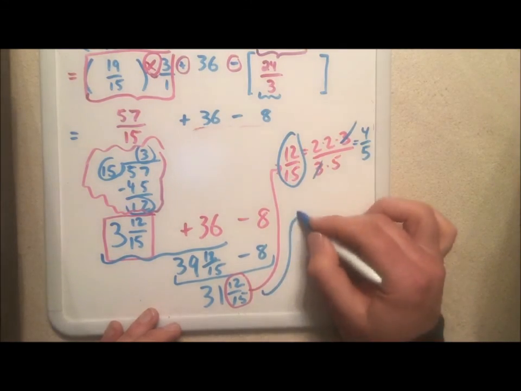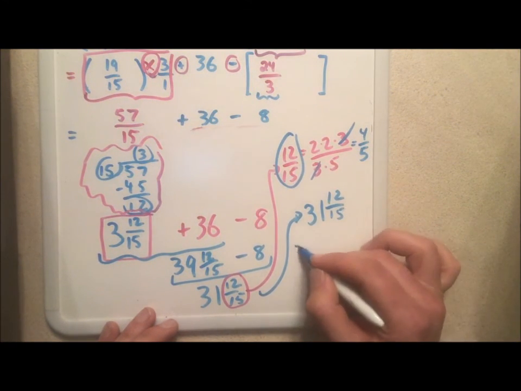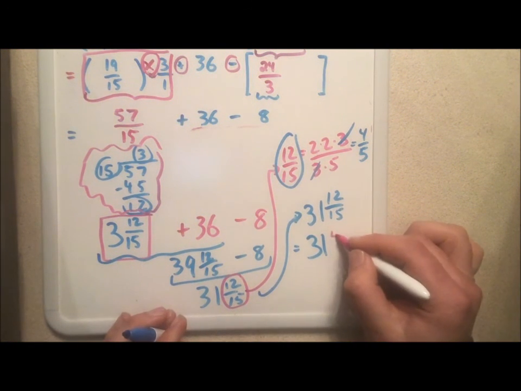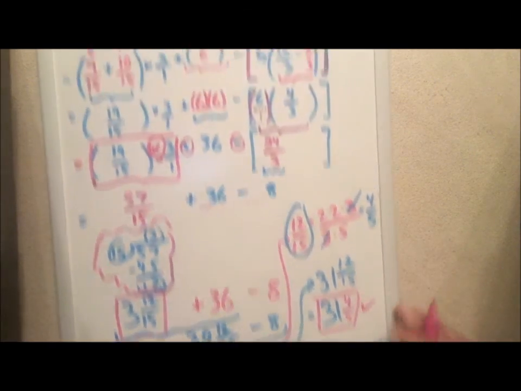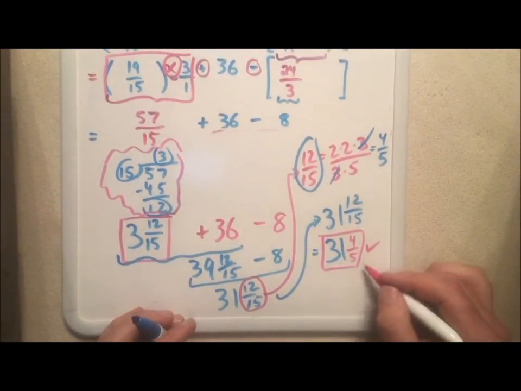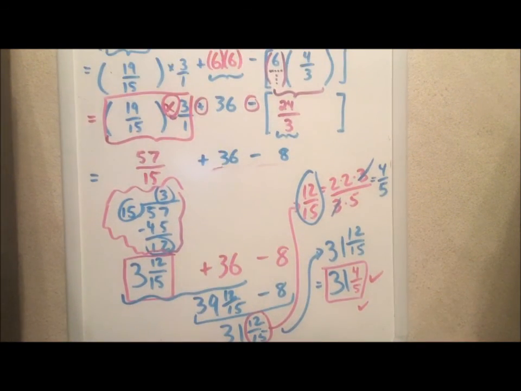So what that tells us is 31 and 12 over 15 is the same as 31 and 4/5. And then you put a box on your answer and you're done. So that's the whole question, start to finish here. And as long as your teacher knows where your final answer is, that should be good, all right?